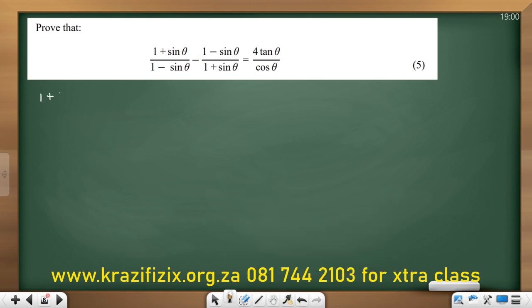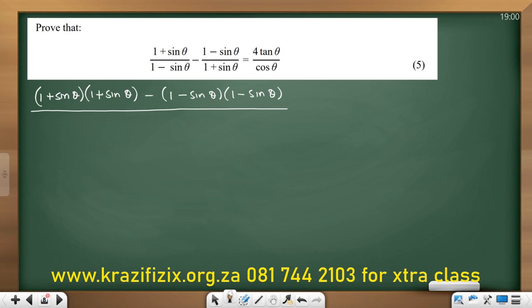Don't rush it. 1 plus sine theta into bracket 1 plus sine theta, that's my first one, minus between the two terms, then 1 minus sine theta, 1 minus sine theta, everything over the denominator, 1 minus sine theta, 1 plus sine theta. I think if you go back to my first note, I'm seeing something similar. That denominator is something I've seen before.